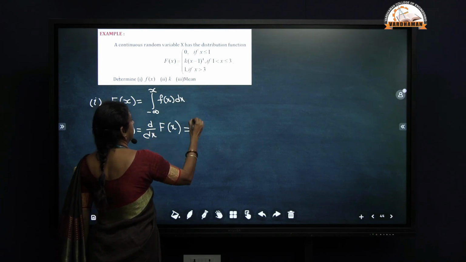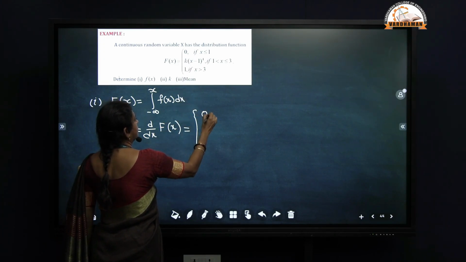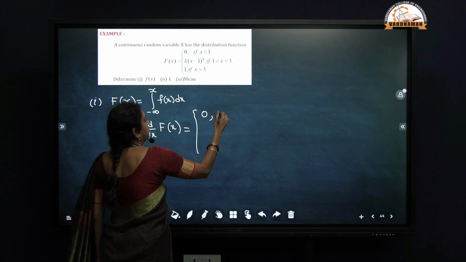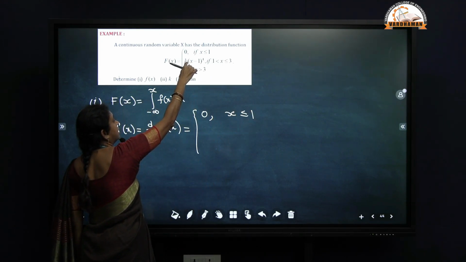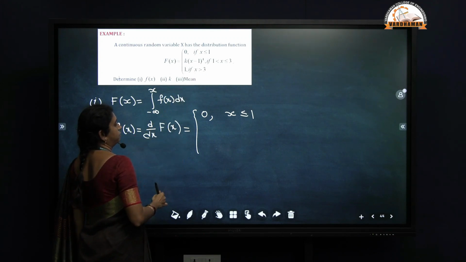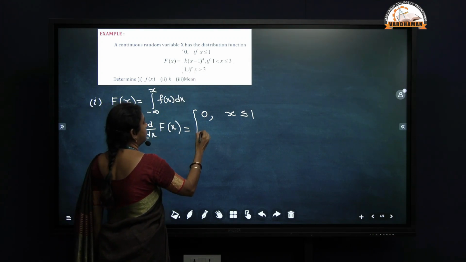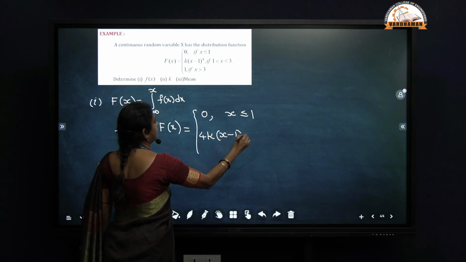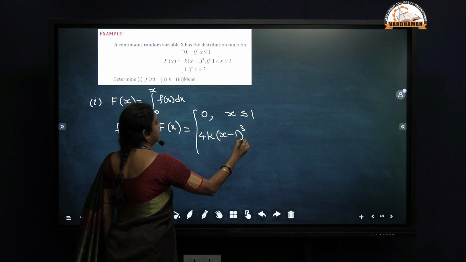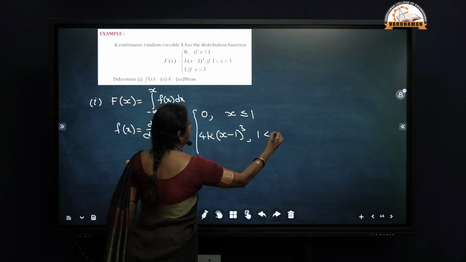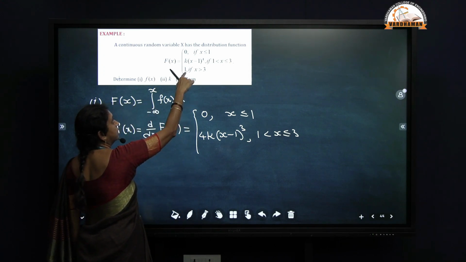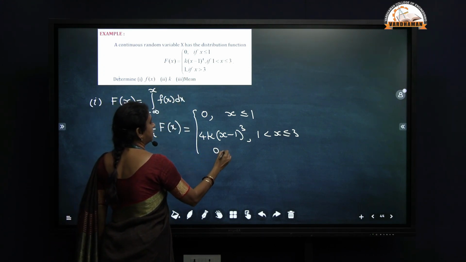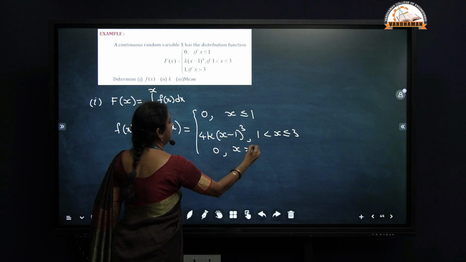On differentiating, we will have 0 for x less than or equal to 1, and here we have k(x - 1)^4, so differentiating we get 4k(x - 1)^3 in the interval 1 < x ≤ 3, and the derivative of 1 is 0 for x greater than 3.